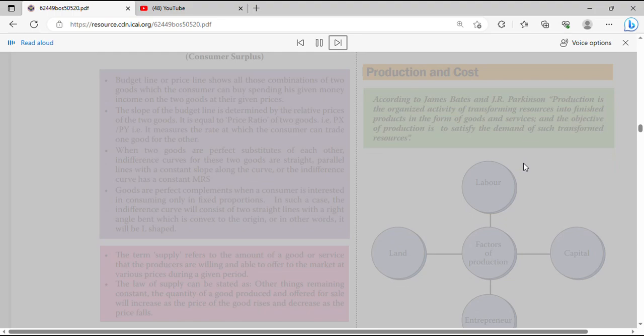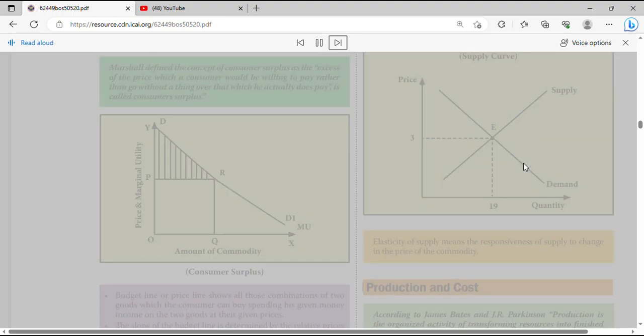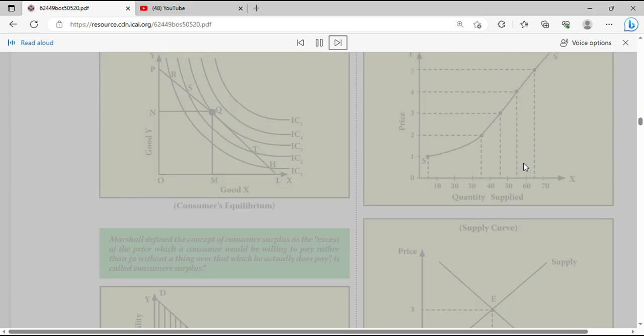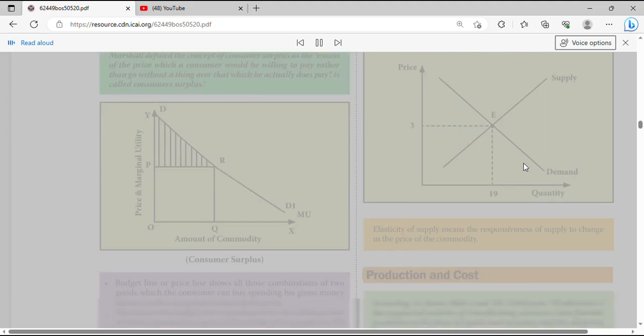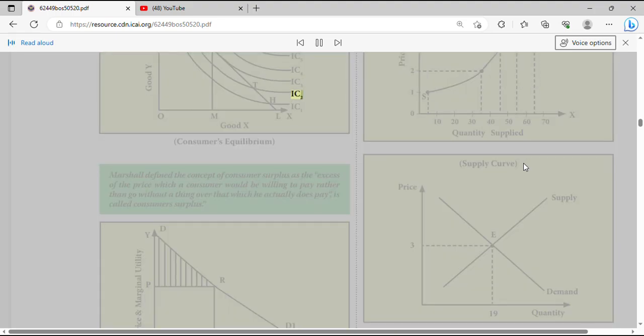Consumer Surplus. Supply Curve. IC5, IC4, IC3, IC2, IC1.